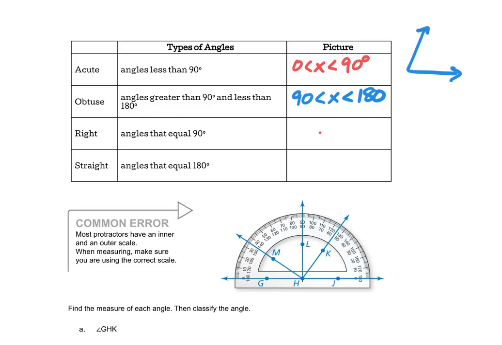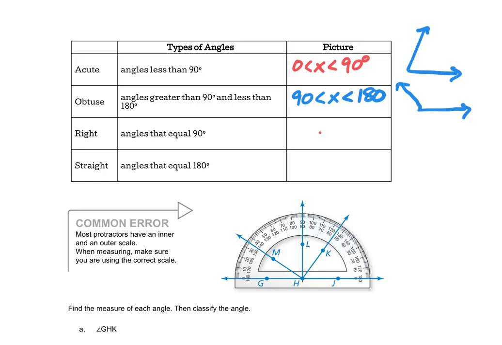Somewhere between 90 and 180. When I think of an obtuse angle, I kind of think of taking a recliner and laying it back. When that backrest sits back, then it makes a bigger angle. And you sit your feet back, then that's making an obtuse angle.